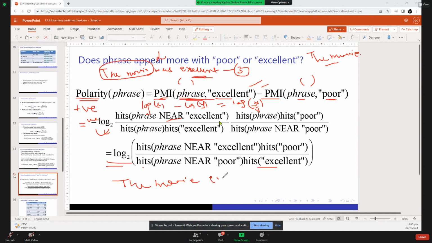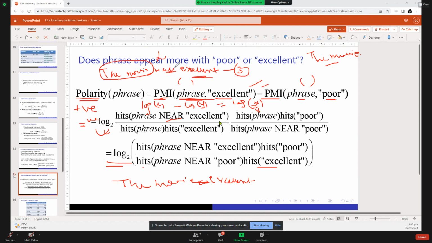Because you might not always get the movie and excellent together, right? So you are defining that it can be slightly far as well, but still I'll consider that to be near. It might not be consecutively appearing, but it might be one to two words here and there, and I am accepting that. In the sentence the movie was excellent, you say the near is three, because the movie was is three, correct?